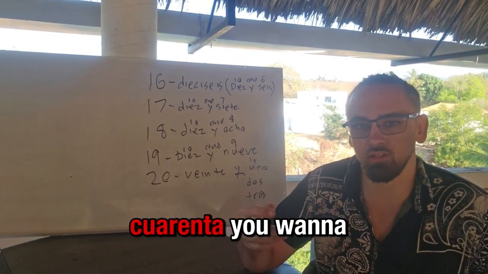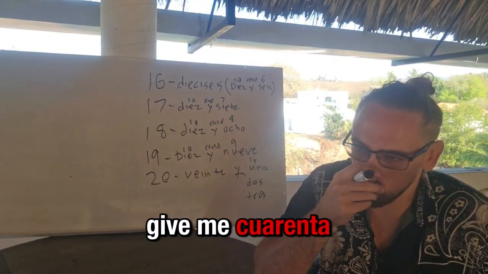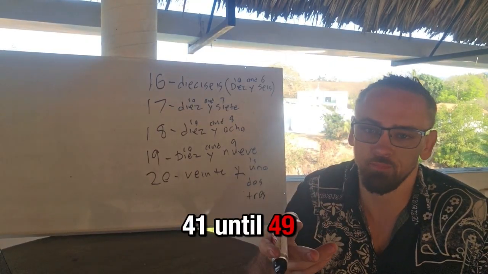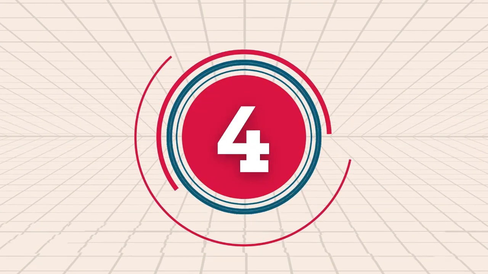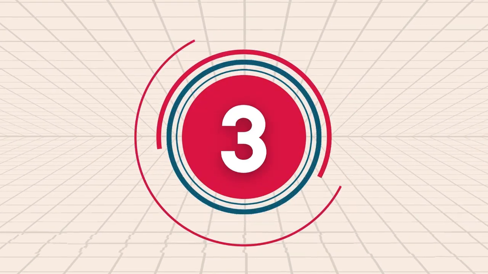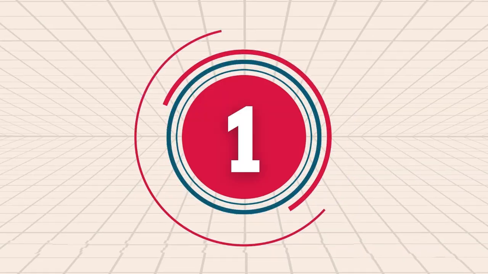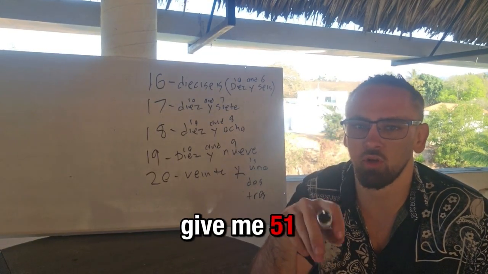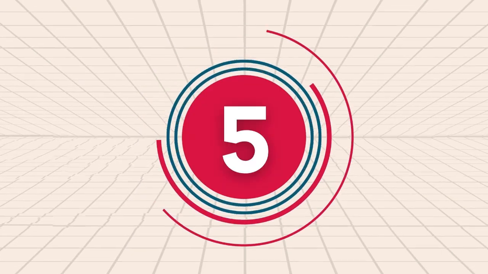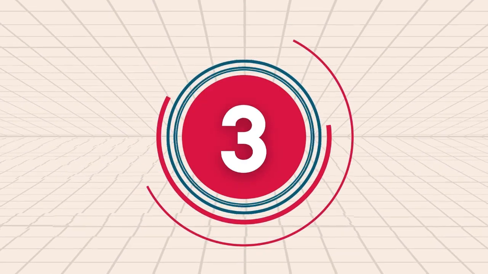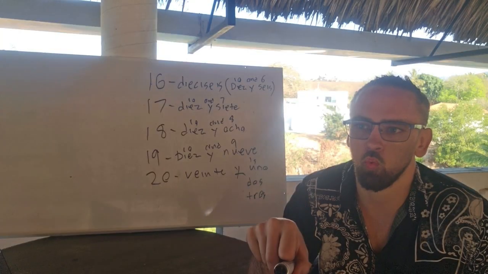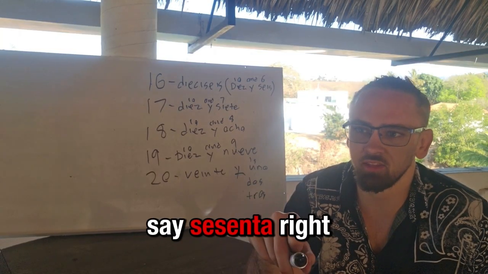Then we have 40. You want to give me 40, so 41. You want to give me 41 until 49? And now we have 50, right? Go ahead and give me 51 to 59. Wonderful, right? Now we have 60, right?